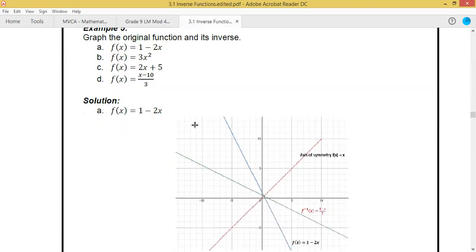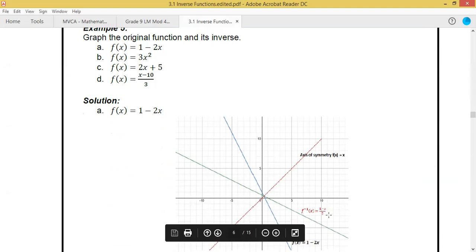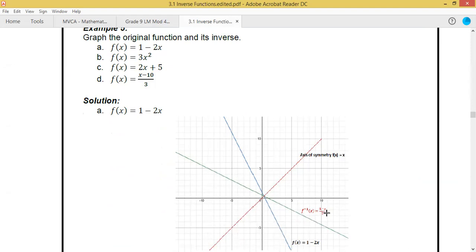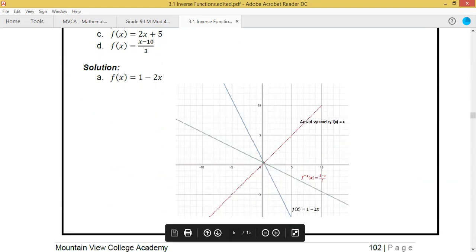So for example, the original function is 1 minus 2x, so its inverse is (1 minus x) over 2. With that one, this is the axis of symmetry. This is the graph of the original function and the graph of its inverse.